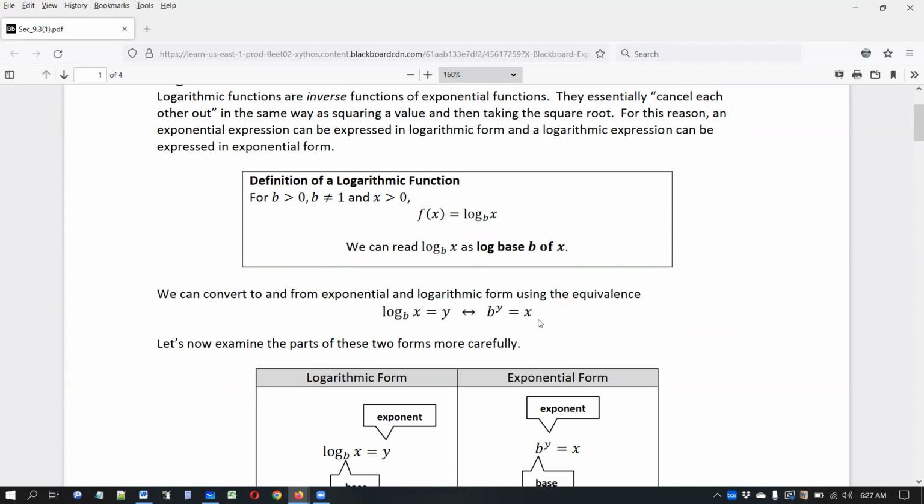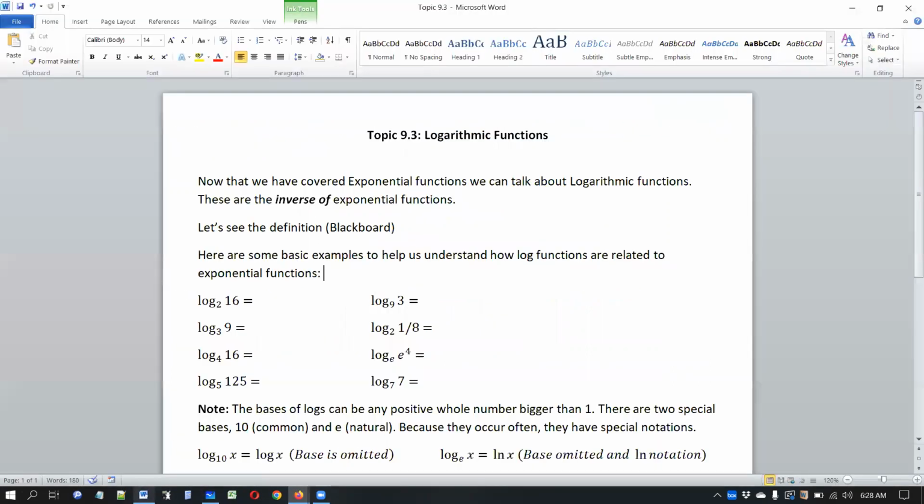So when we look at a log problem, in order to find the answer, we will convert to an exponential form. This may seem a little complicated, but I'm going to show you how to do it in a much easier way without having to know all of these other details.